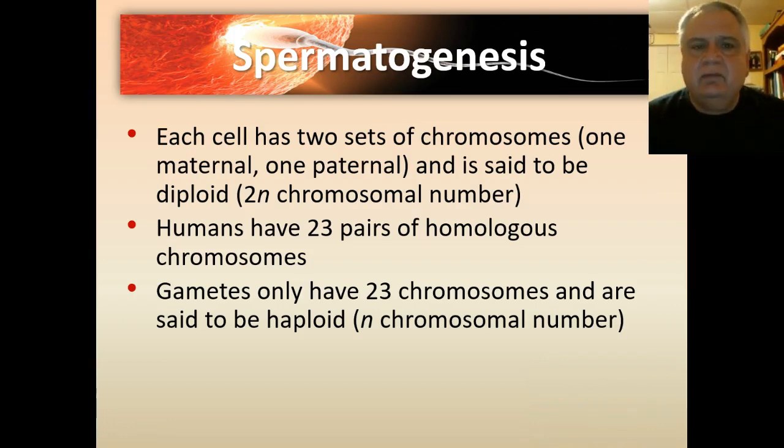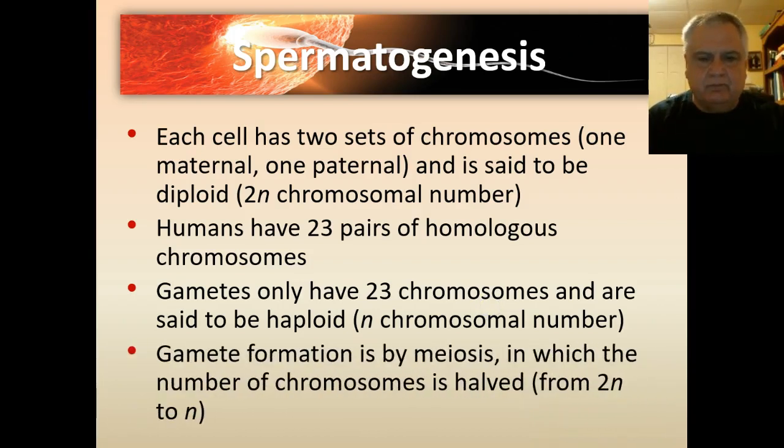So to keep that from happening and too much information being delivered to the first cell of the new individual, gametes have to have their chromosome numbers reduced by half so that they contain, instead of 46 chromosomes, only half that number of chromosomes, which would be 23, or what we call the n number of chromosomes.